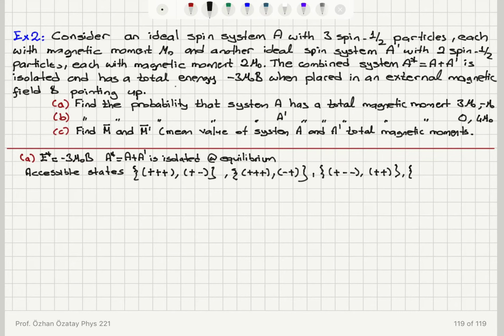So you can have this scenario, you can have minus plus minus for the unprimed system, plus plus, and then as the fifth possibility you can also have minus minus plus, plus plus. So these were the only accessible states, giving you a total of 1, 2, 3, 4, 5. Number of accessible states is 5.